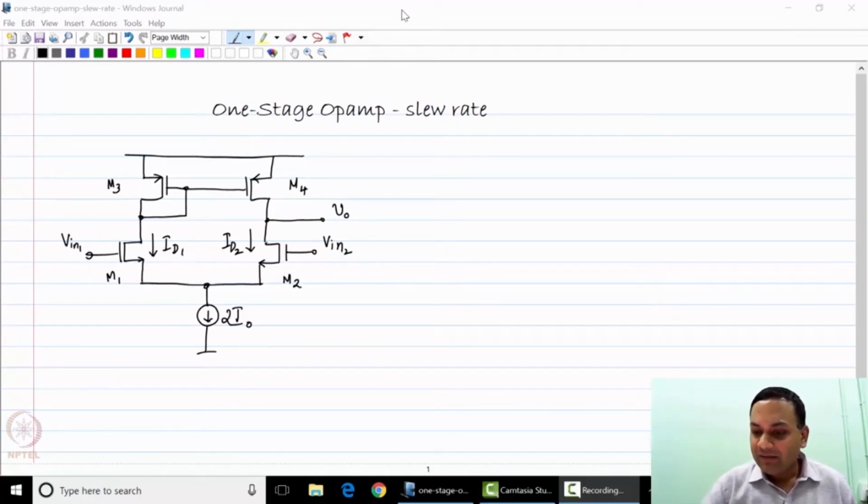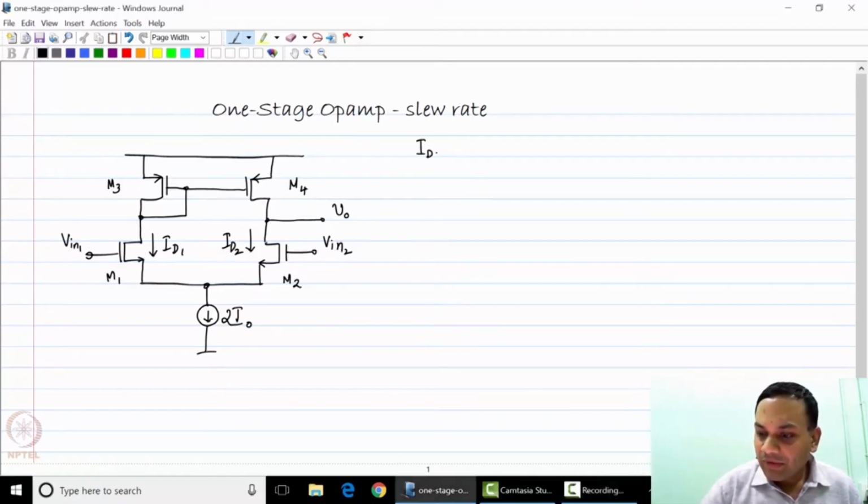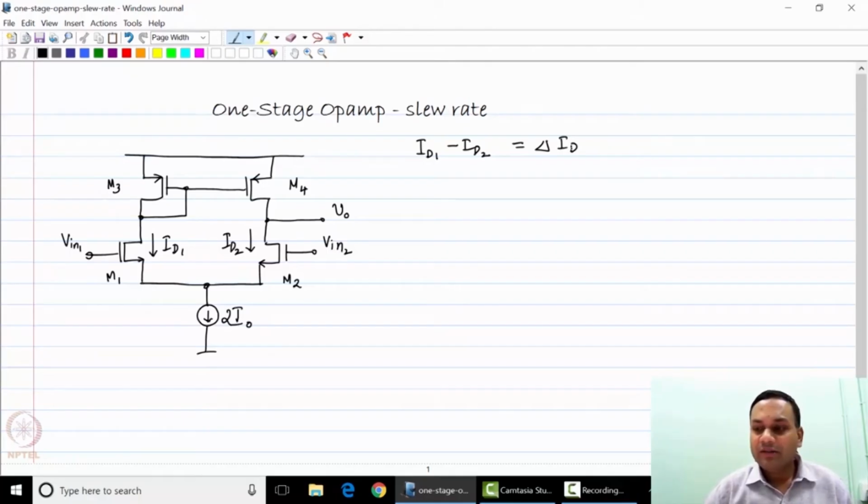So what I am interested in is calculating ID1 minus ID2. So in other words, this is the differential current flowing through M1 and M2.